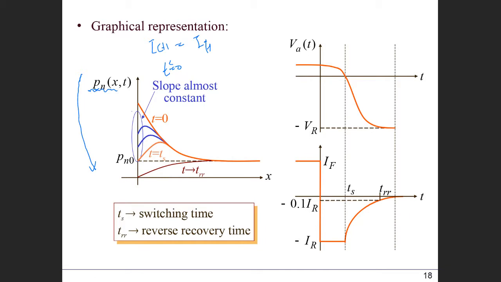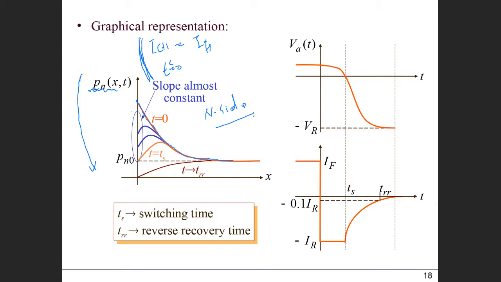At that time, with constant forward bias, the hole concentration in the N side of the PN diode exponentially decays following this curve.